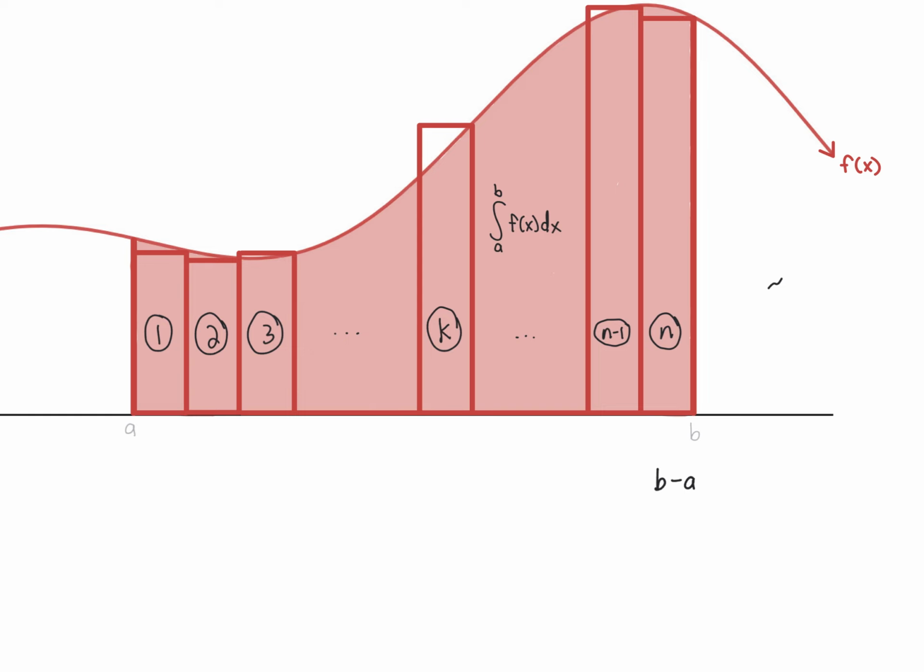And if there's n rectangles, then if we divide this by n, we'll get the width of each rectangle. We'll denote the width of each rectangle as delta x. That's the change in x. Each of these rectangles has width b minus a over n.